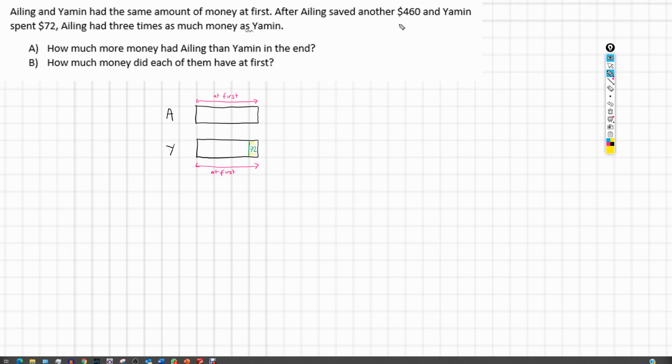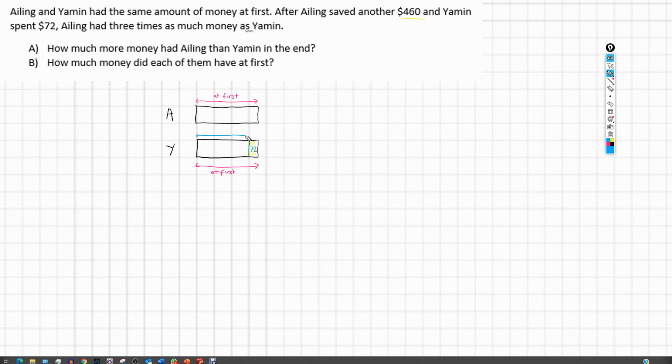So Ailing saves another 460. So this amount of money is going to be added on. Okay, and in the end, Ailing has 3 times as much money as Yamin. So this is the end block for Yamin. I am also going to mark that.